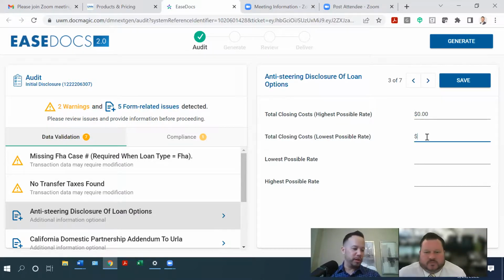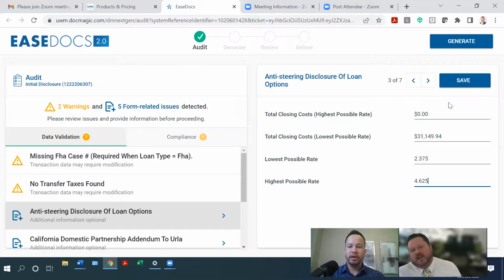And then the lowest possible rate one was the 31,149.94. Yep. Student become the teacher. Okay, so lowest possible rate was 2.375 and highest possible rate 4.625. All right. Boom. Hit save.